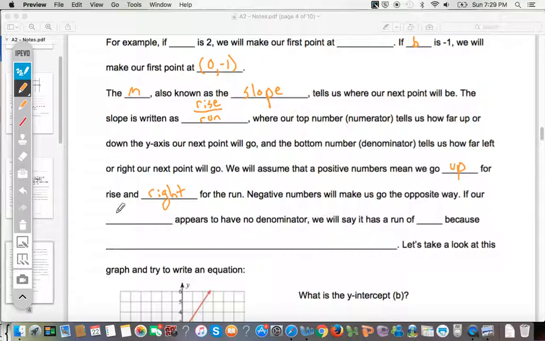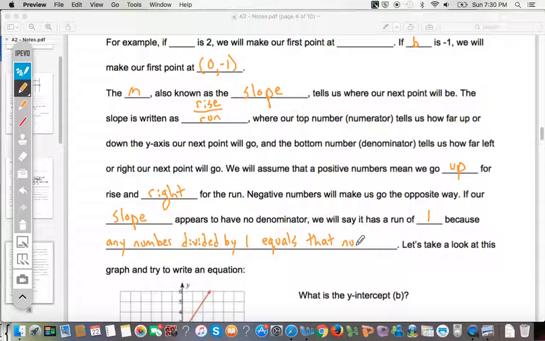If our slope appears to have no denominator, we will say it has a run of 1, because any number divided by 1 equals that number, which is something we talked about in A1.1.